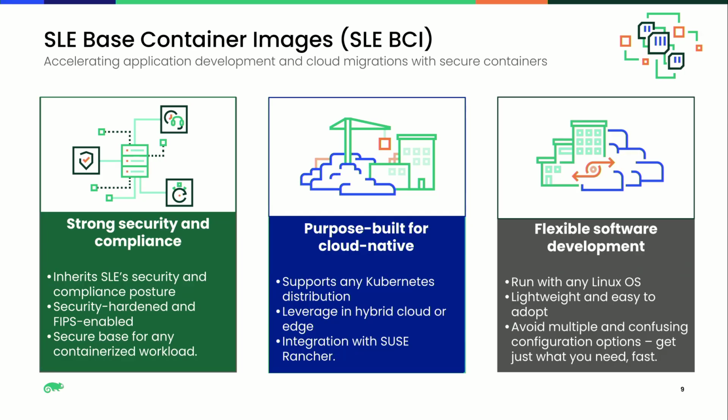The other thing we're going to use is Base Container Images, and I'm not going to repeat this, but when you need to run containers and you want those containers to be safe, secure, updated, and going through all the process we have to make sure that your applications are at the level you need, we use BCI. BCI is right now built from SLE 15.